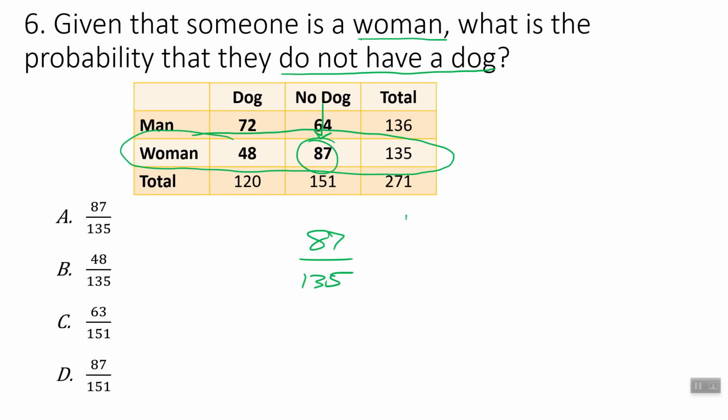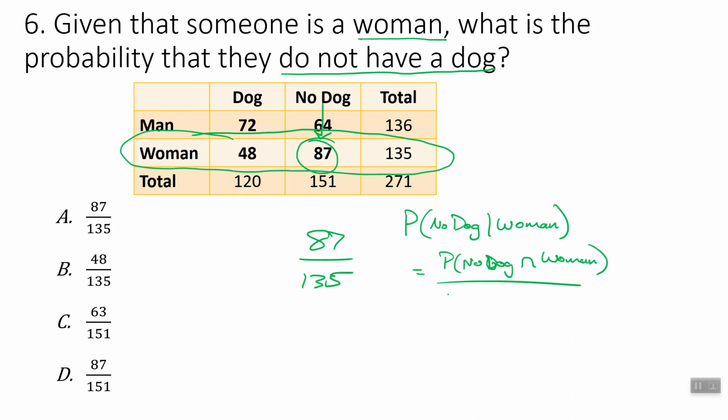If you want to do it their way, the formulas, we want the probability of no dog, given that we've got a woman, which will equal the probability of no dog and woman over the probability of woman, the second thing.